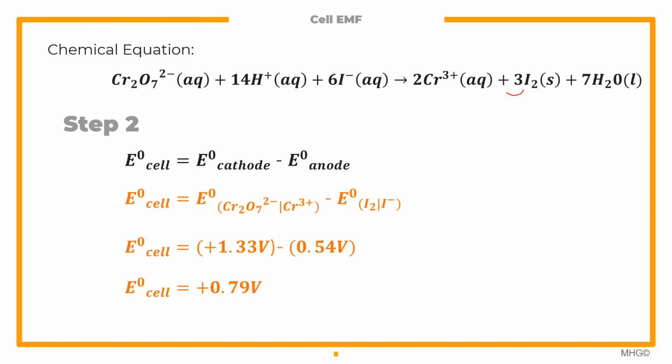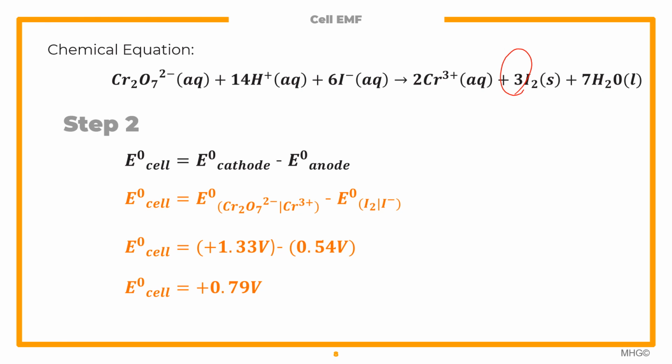Now notice that although we must multiply the iodide half reaction by 3, it has a coefficient of 3, following mathematical rules, we could multiply the iodide half reaction by 3 to obtain a balanced equation. But then, we do not multiply the reduction potential values by 3.